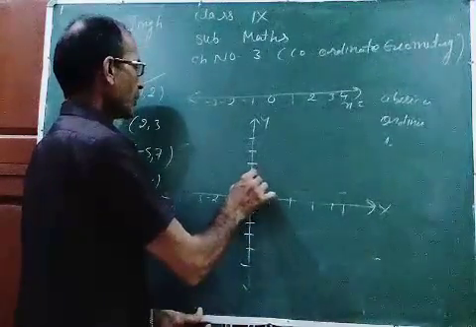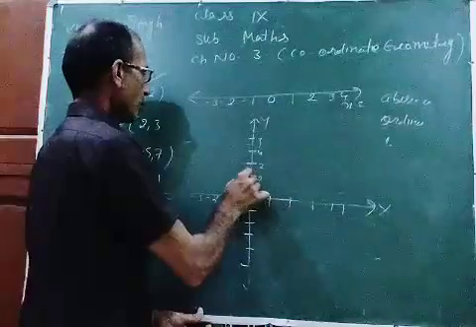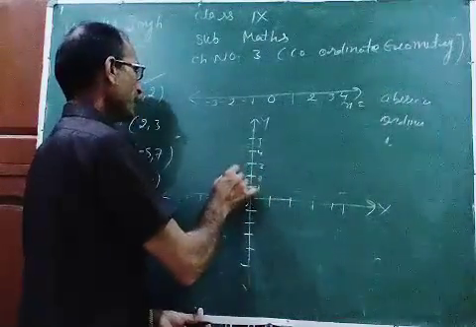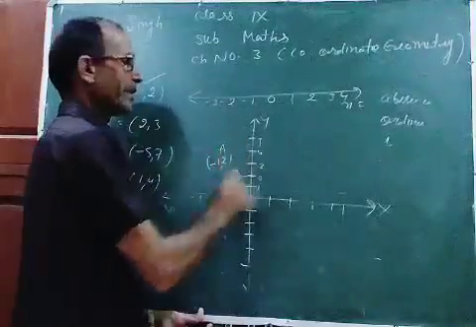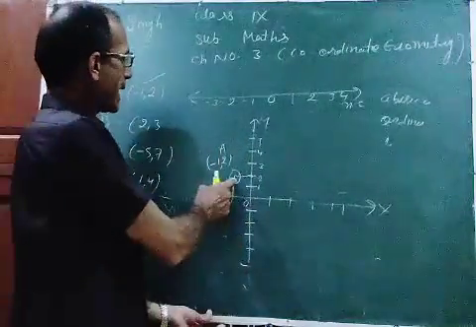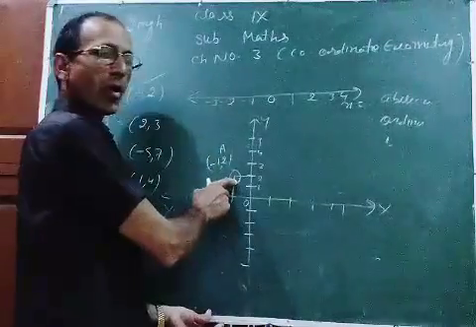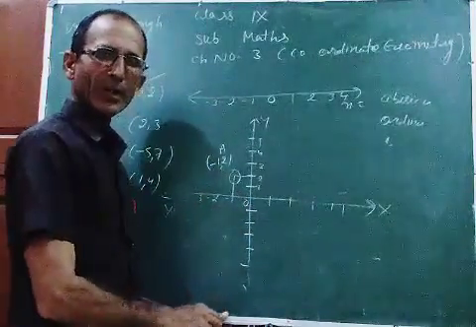So this is 1, 2, 3, 4, 5. So this is the positive value of y. So I am plotting the coordinate, the coordinates of A are like this, (-1, 2).